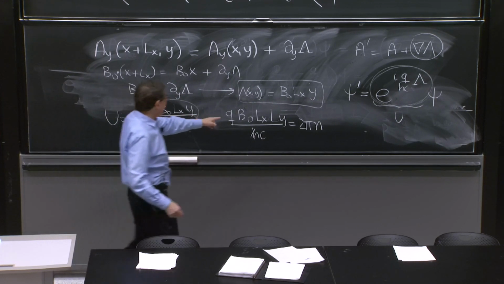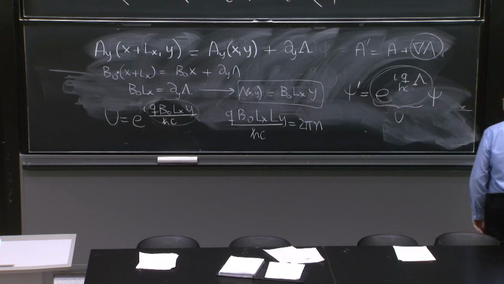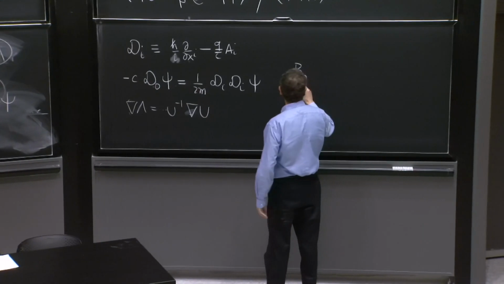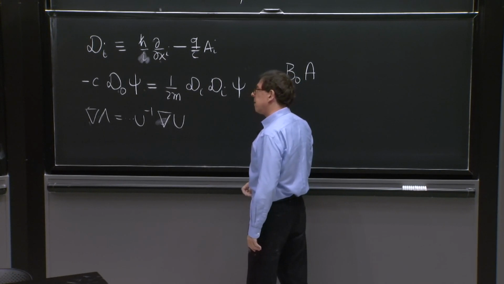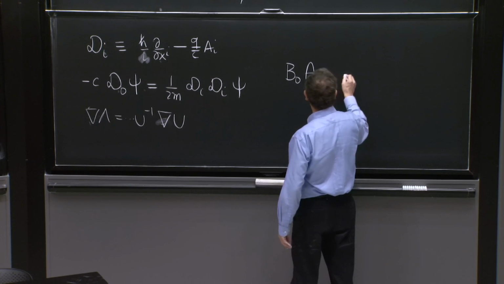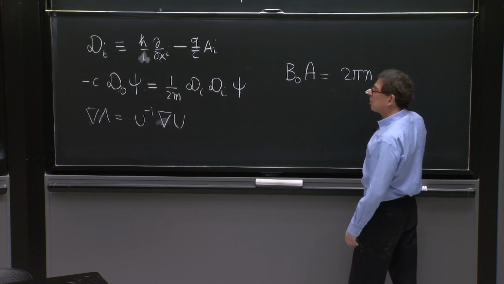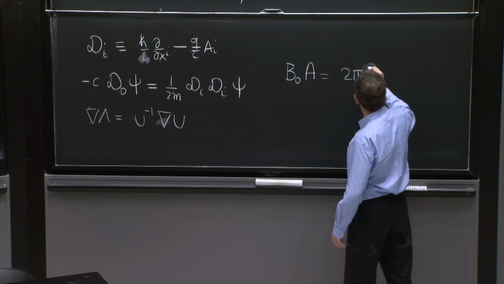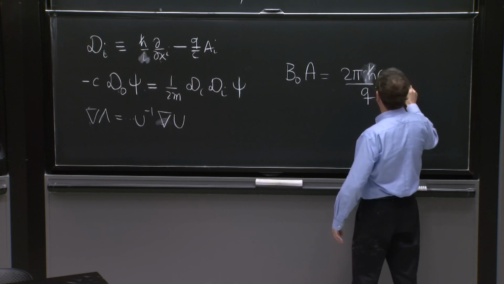So we're almost there. Here it is. There's a quantization: B naught times the area of the torus is equal to 2 pi h-bar c over q times n.